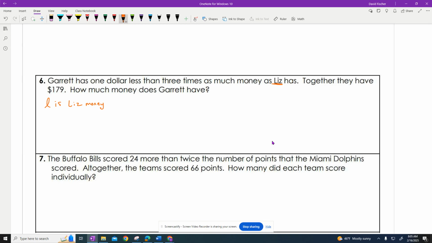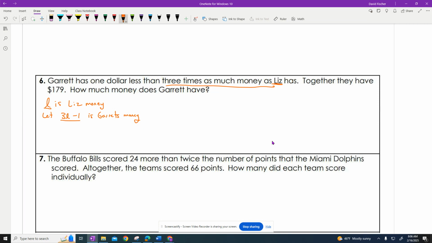And now I forgot the word let, but that's okay. Let's see, Garrett has $1 less than 3 times as much as Liz. So if I'm using L for Liz, I need 3 times Liz, and $1 less than that is Garrett's money. Okay, so there's Garrett's money.